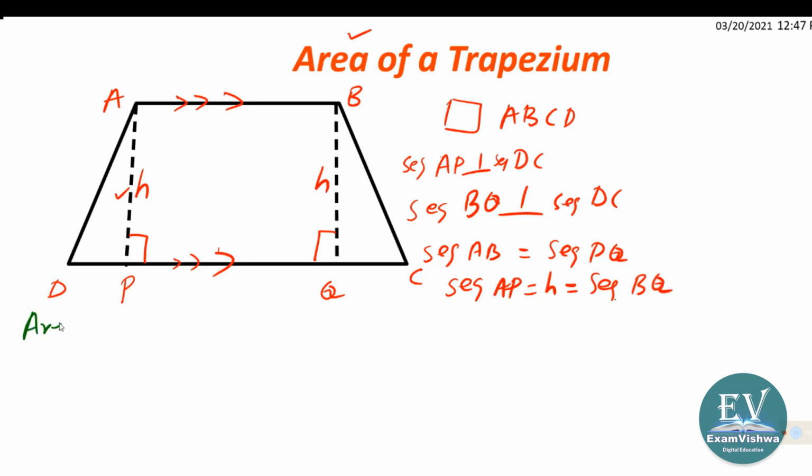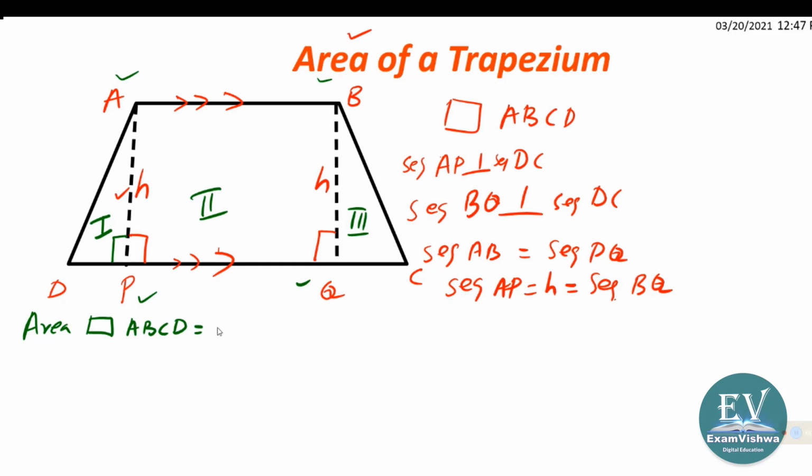So let me write, the area of the trapezium ABCD can be calculated by calculating the area of this right angled triangle, because it is a right angle here, the area of this rectangle, which is ABQP, plus the area of this right angle triangle, which is BQC.